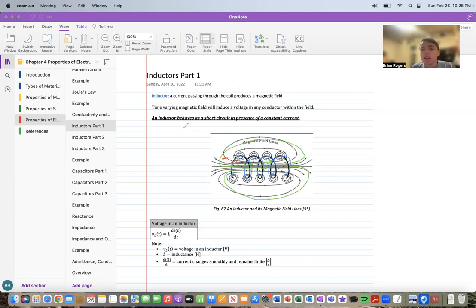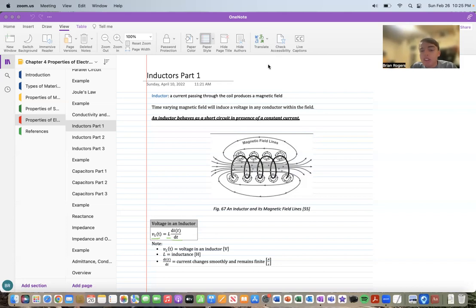And so these magnetic field lines are created for an inductor when you pass a current through it. So when you pass a current through an inductor, it's going to create a magnetic field. And so an inductor behaves as a short circuit once you get a constant current. And so the relationship for voltage in an inductor is given by voltage is equal to the inductance times the derivative of the current.